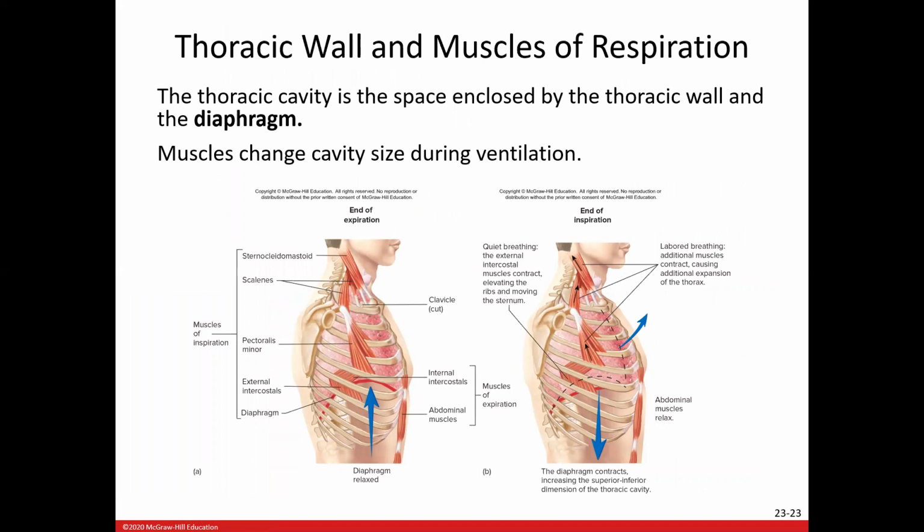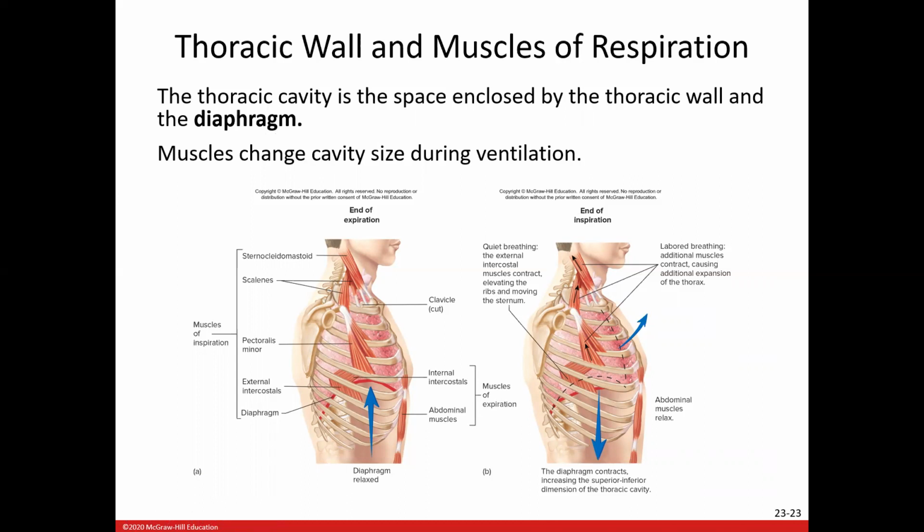So taking a step back real quick from that very microscopic look at the alveoli, additionally surrounding the lungs themselves is your thoracic wall, as well as a handful of muscles. So your thoracic cavity, the actual space that contains the lungs, has a very important muscle called your diaphragm.